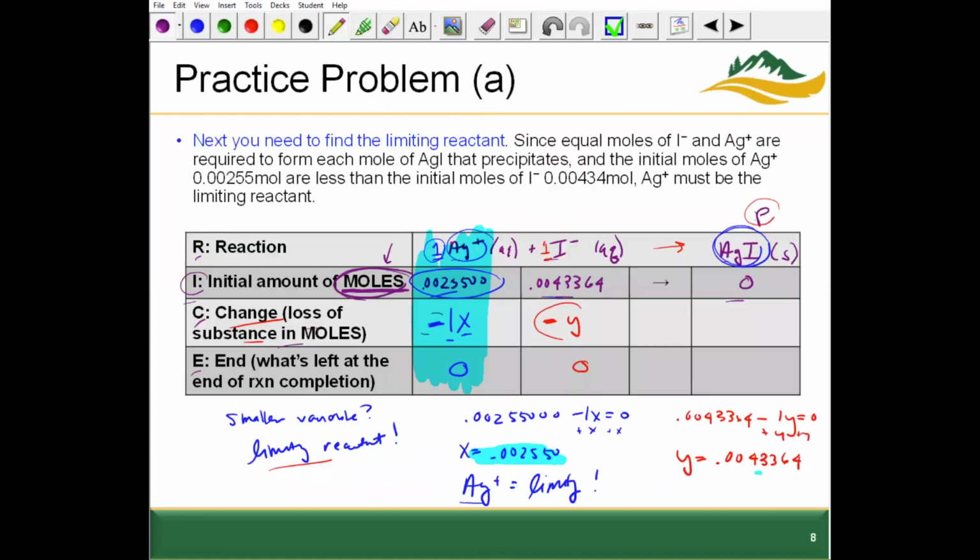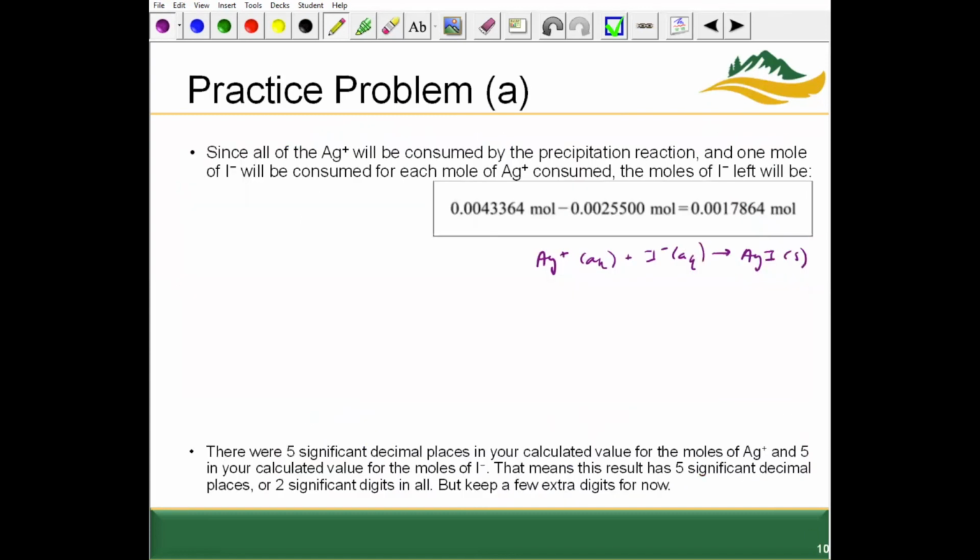And so for silver, we have this many moles, and for iodide, this many moles. To figure out how much I− is left over, that is the answer we want in the end. All of the silver is going to get used up. Then how much I− gets used up to form AgI, the silver iodide precipitate?